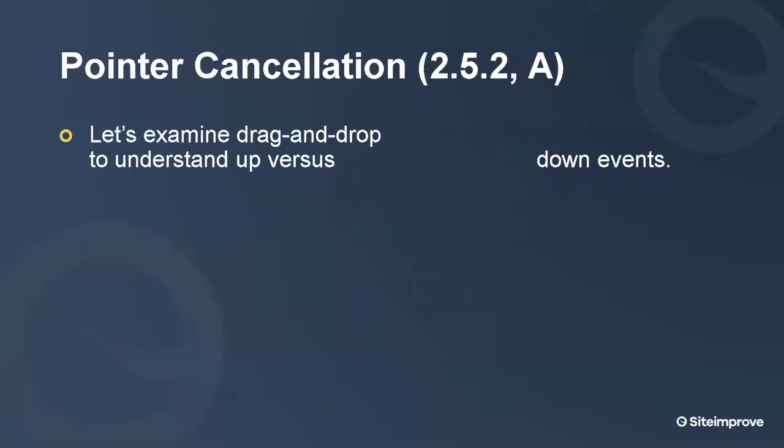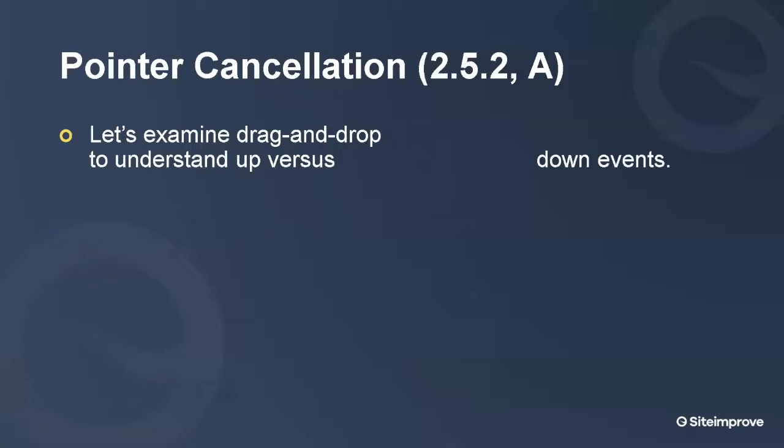So let's examine this idea of drag and drop to understand what this pointer cancellation is all about. For those of you who are tech-minded, we're talking about making sure that we're only relying on up events and that those are abortable. Now, for the rest of you who are like me and took some time to understand this, let's talk about what this means. With your mouse, are you familiar with drag and drop?